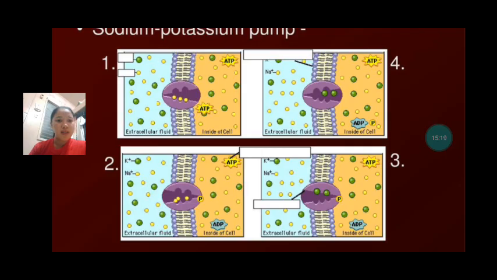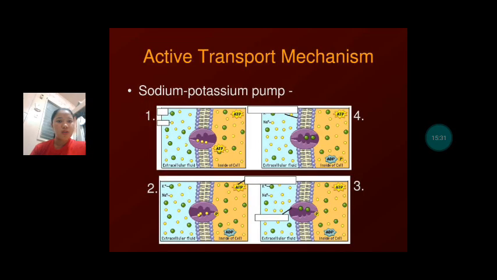This is the inside of the cell and this is the fluid outside. This is the inside of the cell, the phosphate, the ADP and the ATP. So that is the structure of the active transport mechanism by the sodium potassium pump.